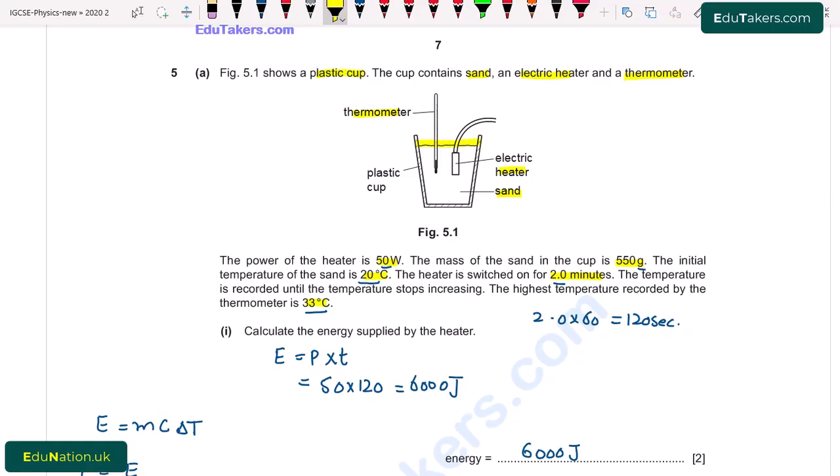So it might be possible that the energy from inside may escape into the surroundings and the energy supplied by the heater may not represent the energy received by the sand.